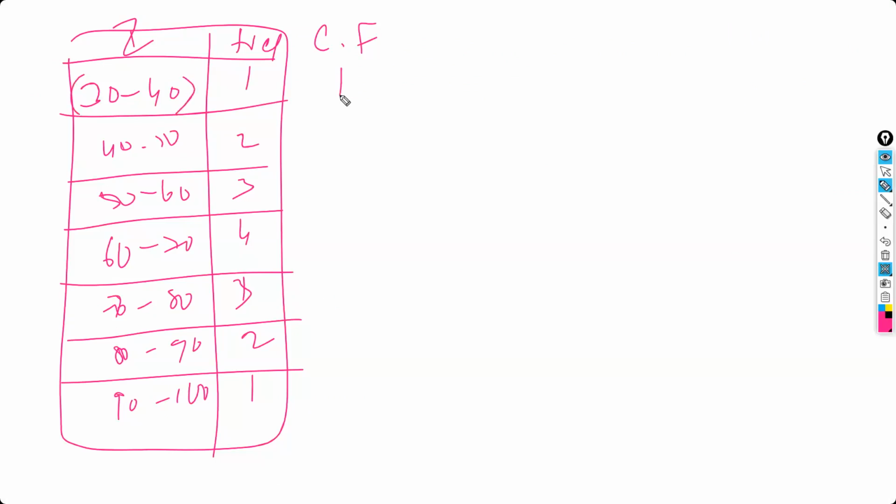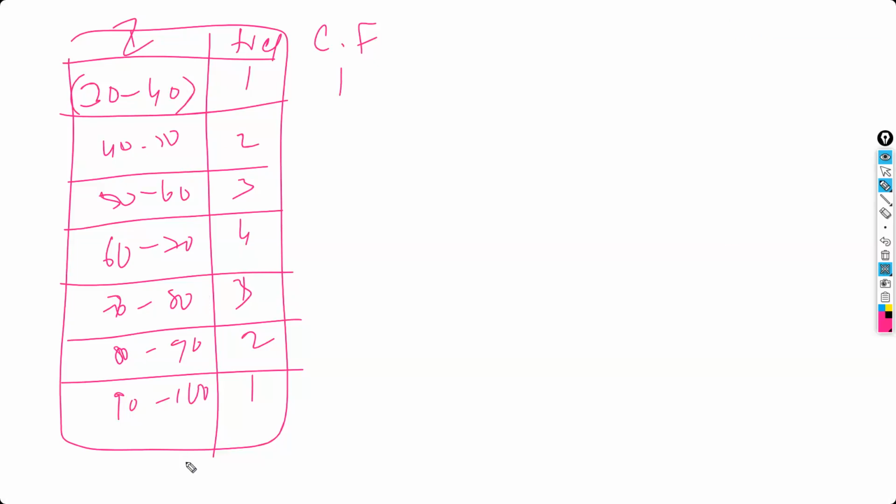For the first interval, the normal frequency and cumulative frequency both are the same. Second one, cumulative means adding the above 2. Now what is the starting point? 30. 30 to 50. Every time the starting number will be fixed at 30. Ending number is whatever is in that interval. So that is called cumulative.